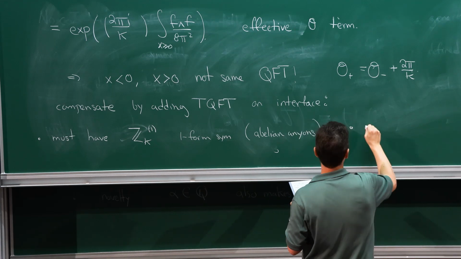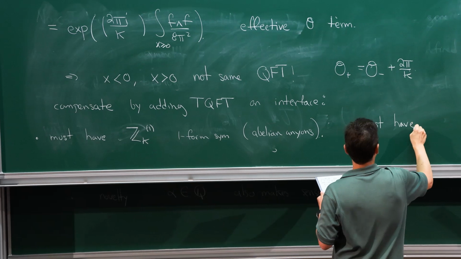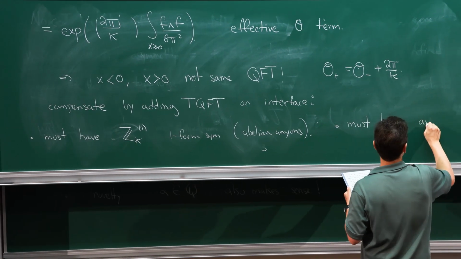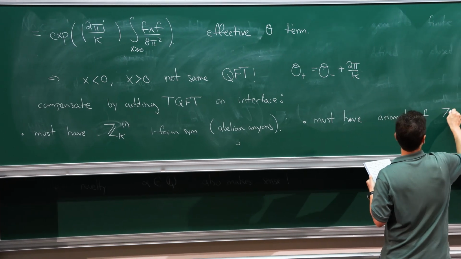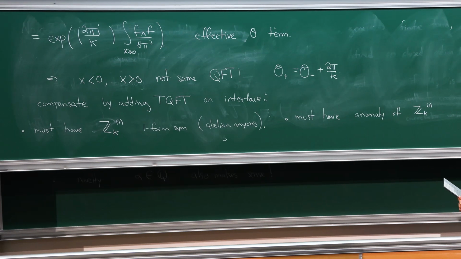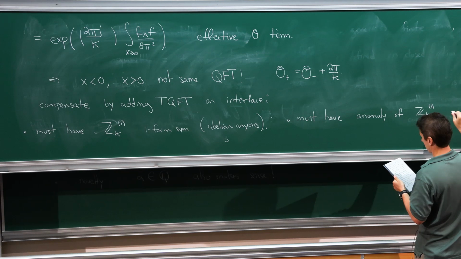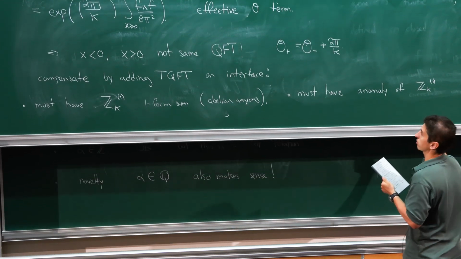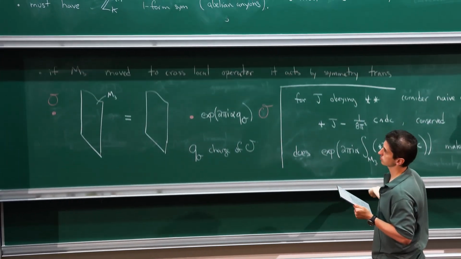And it must have an anomaly. Now, the anomaly of the one-form symmetry in a 3D TQFT is related to the spin of the generator. Let me first write the formula, though. So what anomaly do we need?